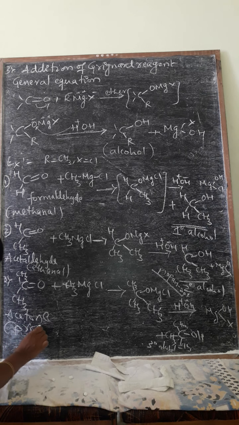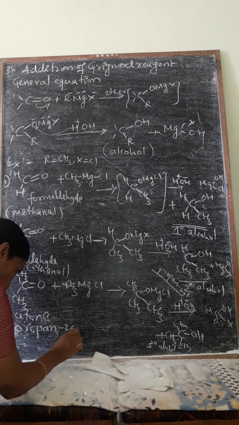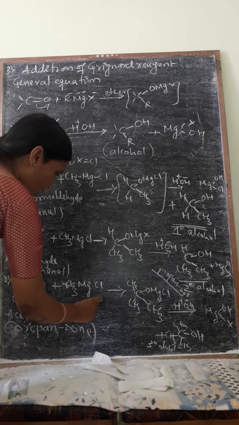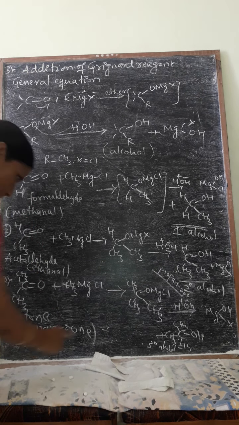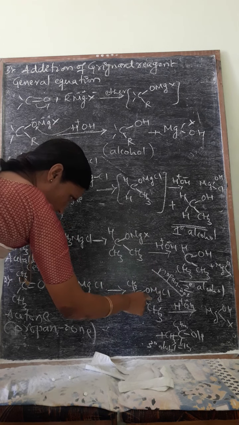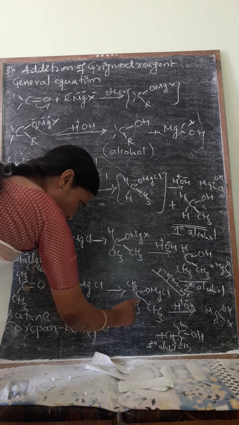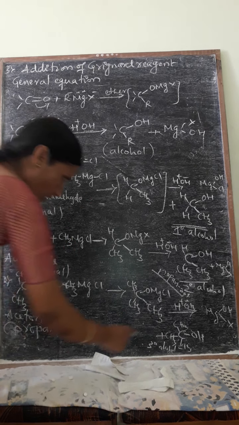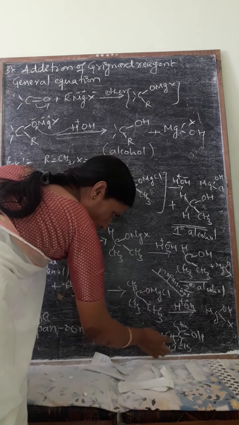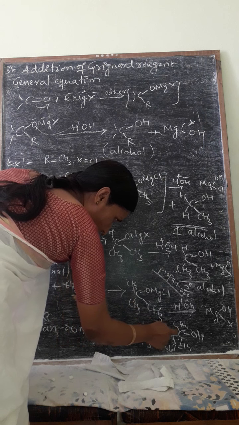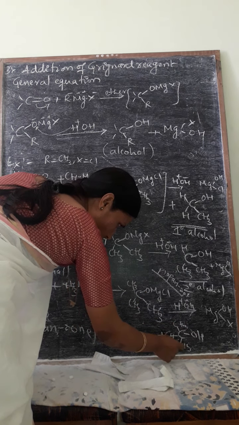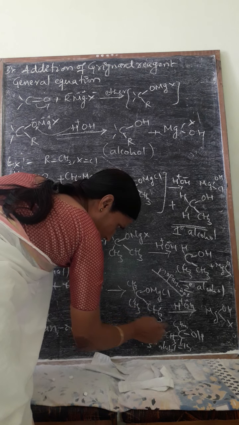Hence it is propan-2-one. With methyl magnesium chloride, we keep it as it is, with the remaining OMgX as it is, and in place of X we have Cl and in place of R we have CH3. On hydrolysis it gives the product with CH3 as it is, O minus and H plus giving OH, where R is nothing but CH3.